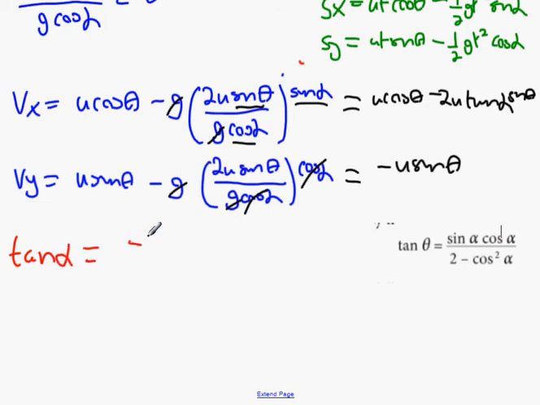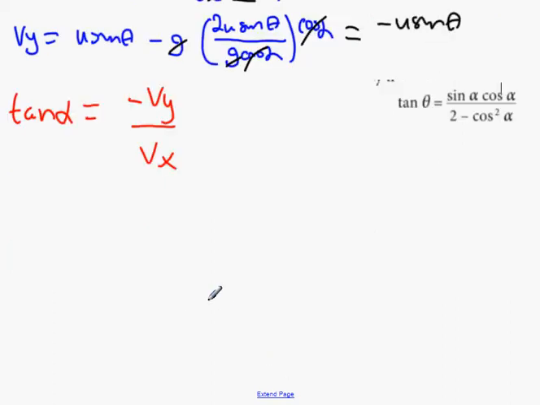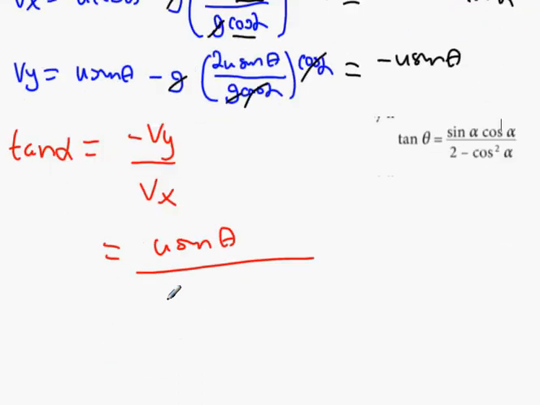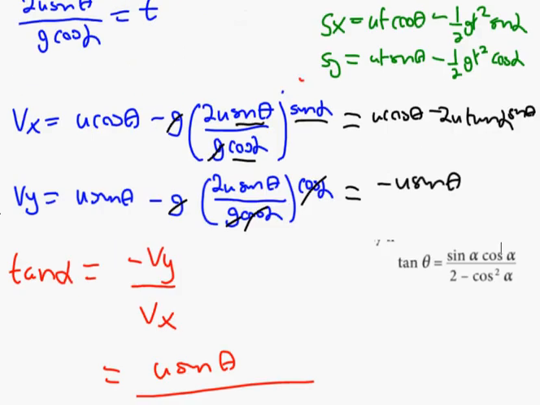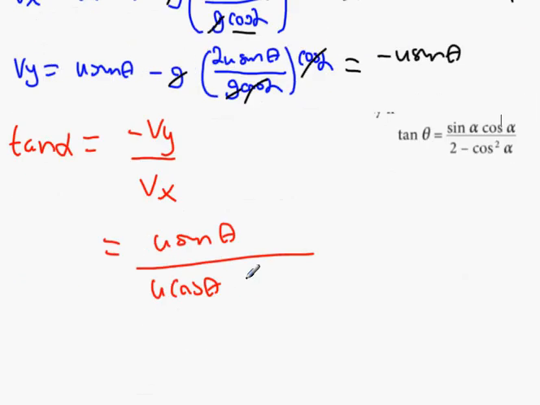And what that's going to get me is u sine theta divided by u cos theta minus 2u tan alpha sine theta.